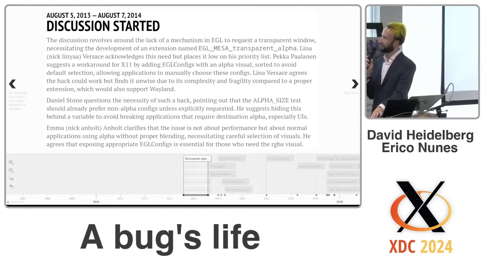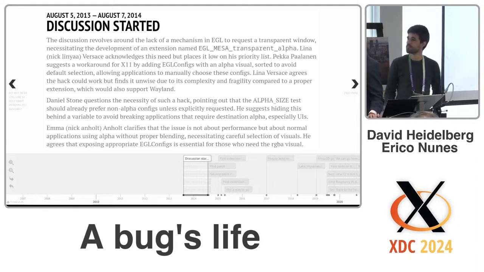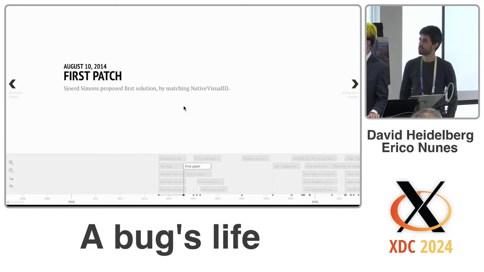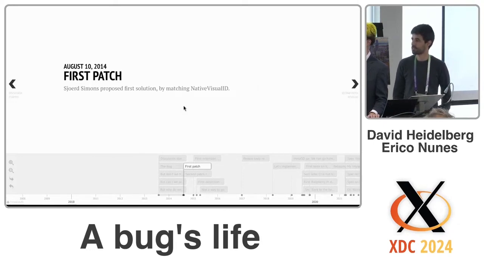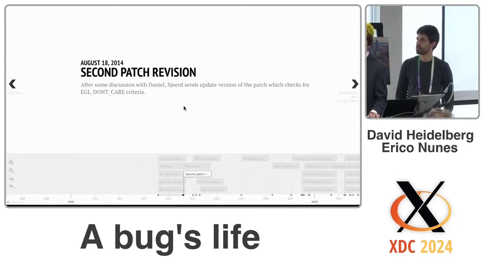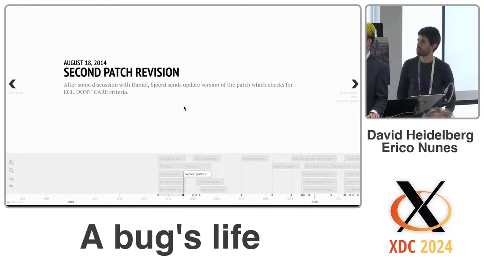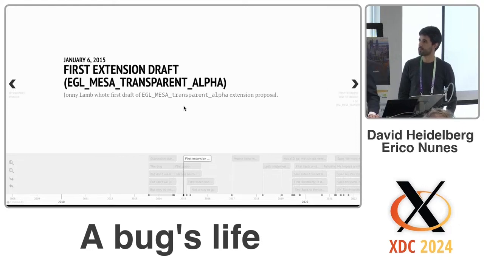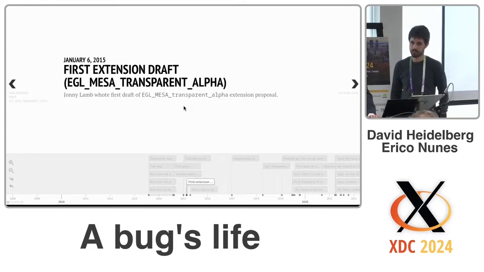So here we go through a timeline of how this evolved and how much effort went into this small-looking change, which took a few specifications and everything. The first patch for this was released August 10, 2014. The revisions went pretty fast: a second revision, people reviewed and commented. But pretty soon they figured out that they needed an extension, and the Mesa Transparent Alpha extension was proposed.